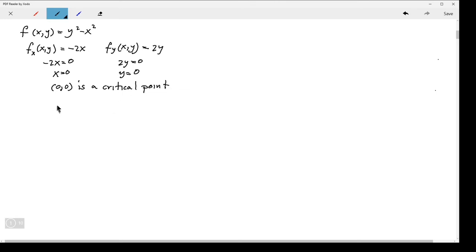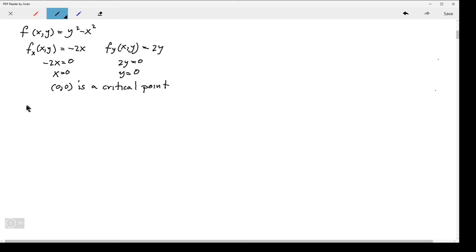We need to take a look at what happens near (0, 0). This is kind of similar to what we did with the limits, right? We want to see what the function is doing near (0, 0). So I'm going to look along some paths.